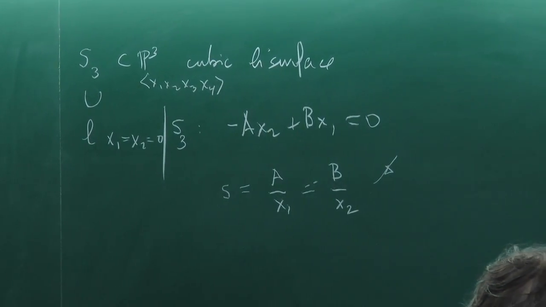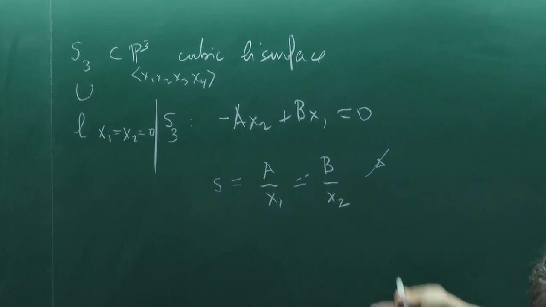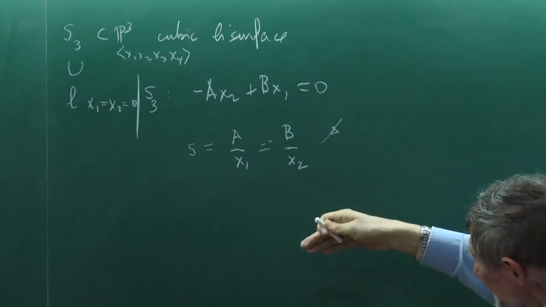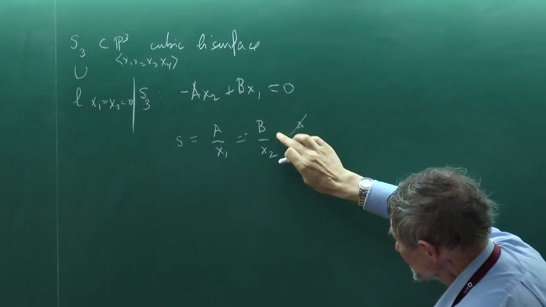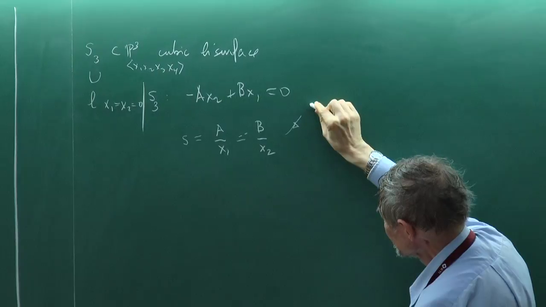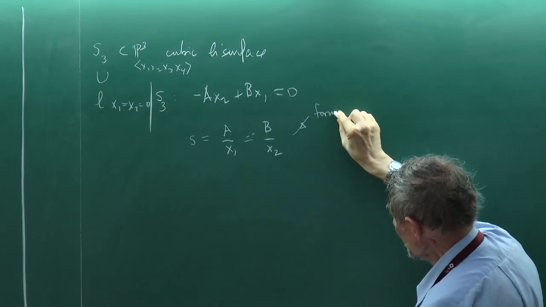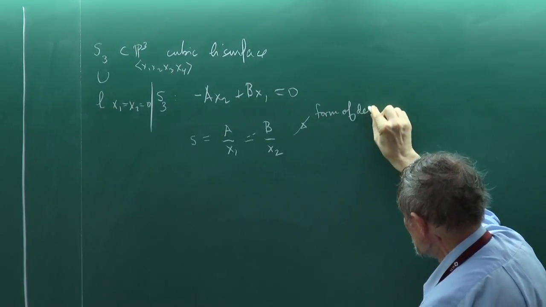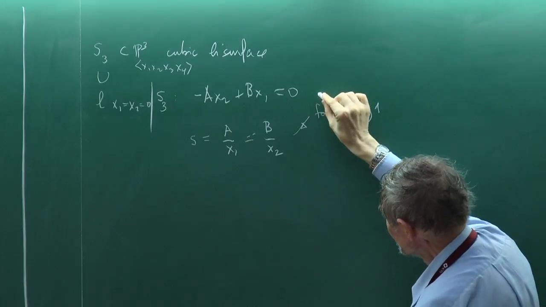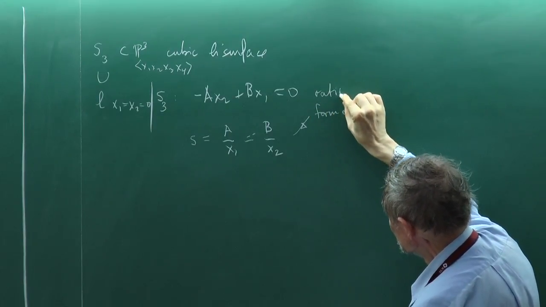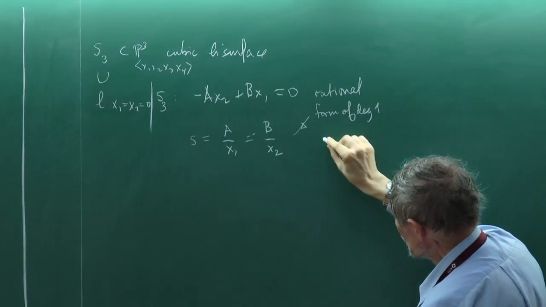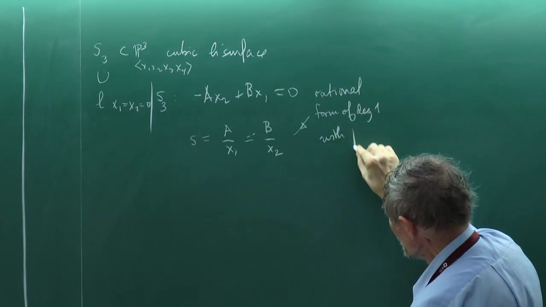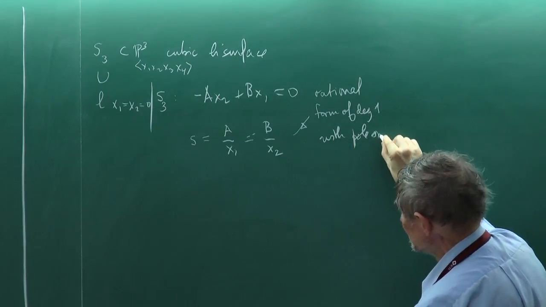You can think we're working on the affine variety, in which case it's a rational function on the affine variety. But it's naturally homogeneous of degree 1. So it's a rational form of degree 1 with pole on L.